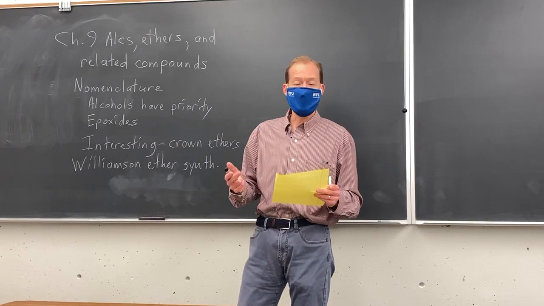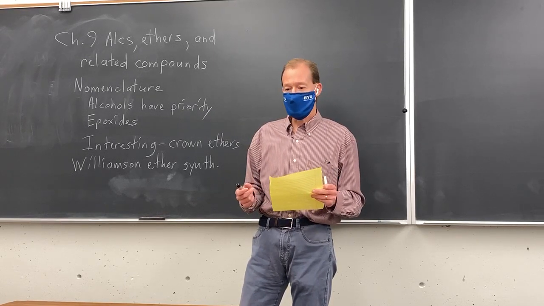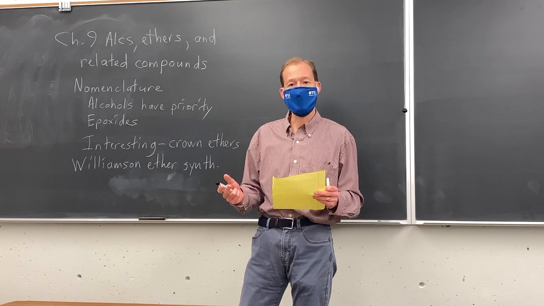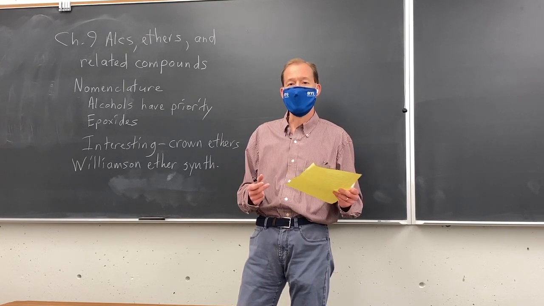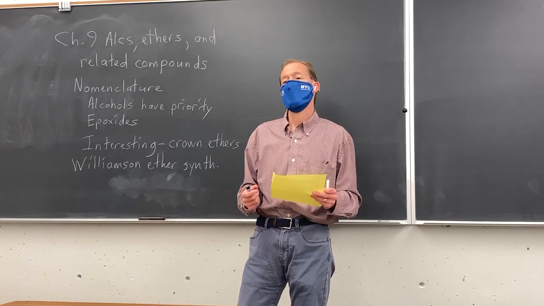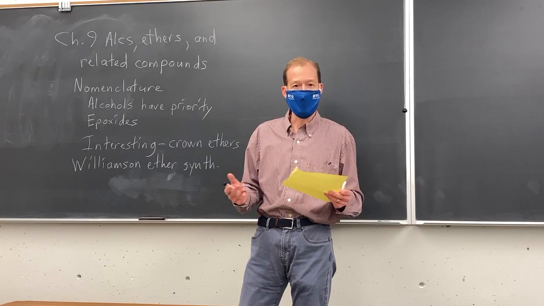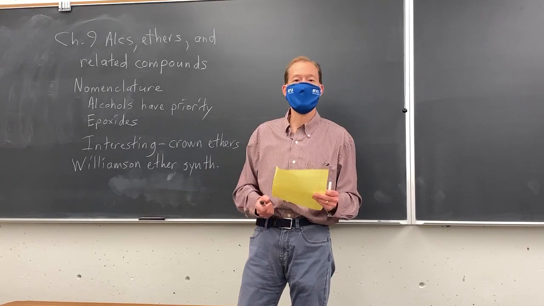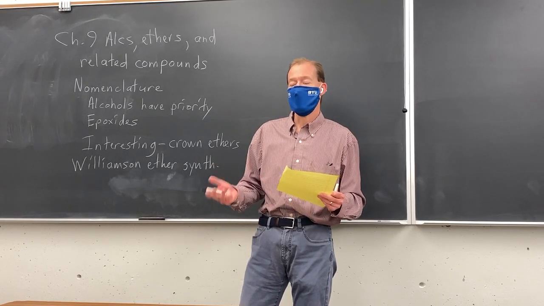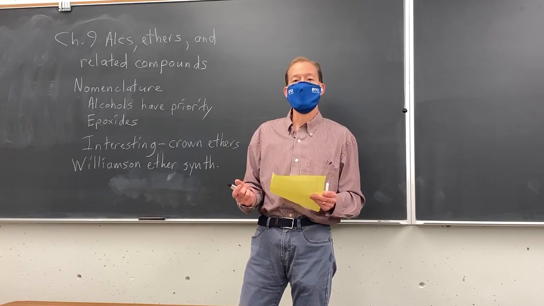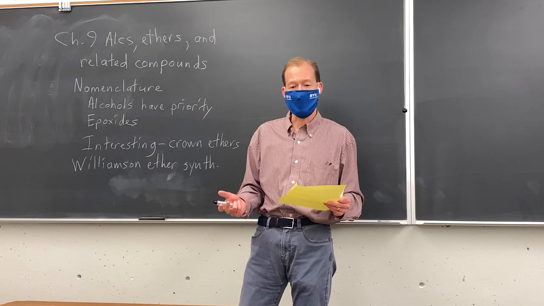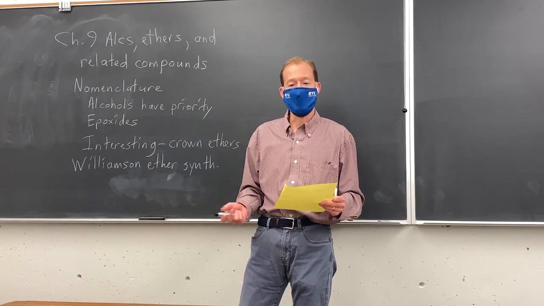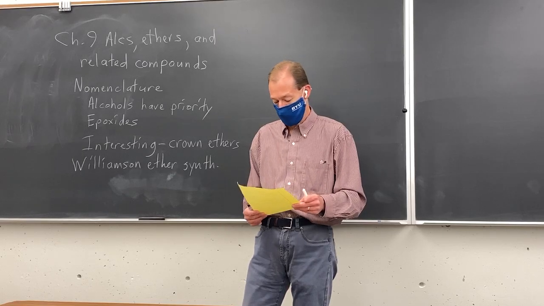And when we have an unsymmetrical ether, and there's two possible combinations of an alkoxide and an alkyl halide, usually one is better than the other. And we had an iClicker question on this subject. And so you should be able to identify which of the two combinations of alkoxides and alkyl halides would be better for synthesizing a given ether.